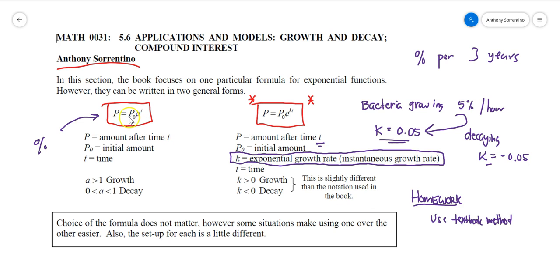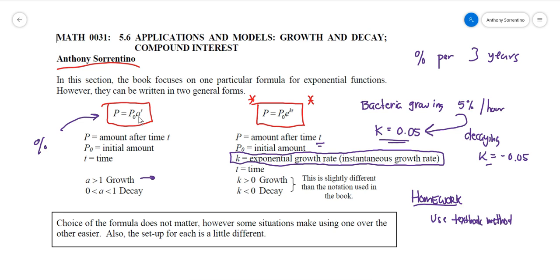But we have this other formula here. This one's a little easier to do because a is basically your growth or decay base. This goes along with most of what we've done in this unit. For growth, remember, our a was greater than 1.